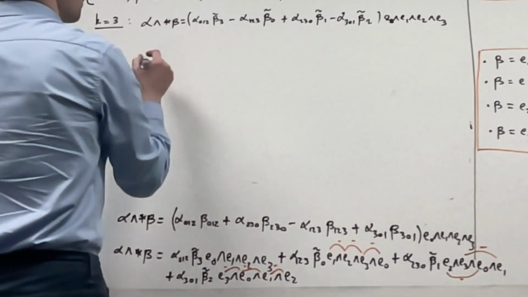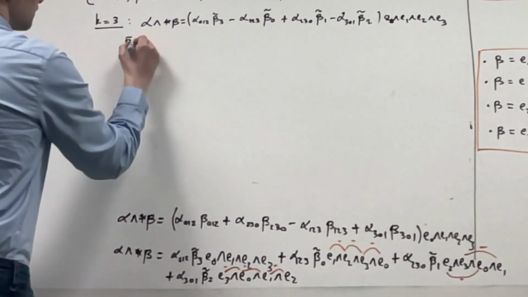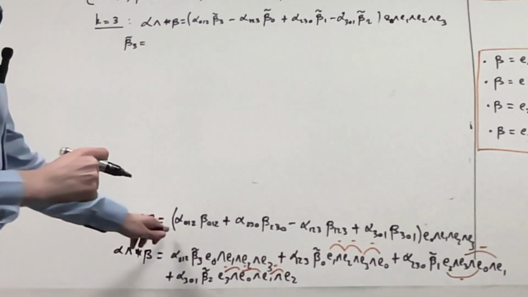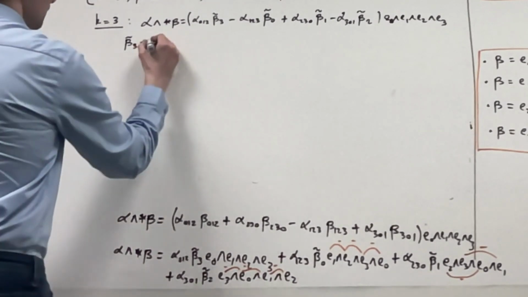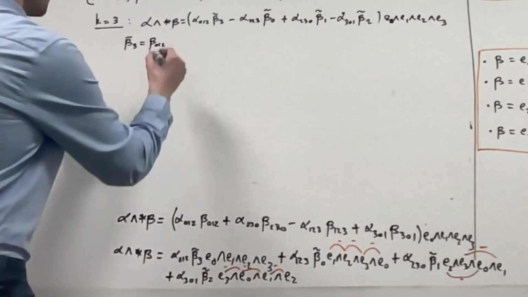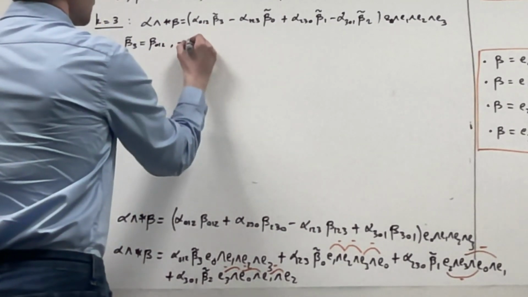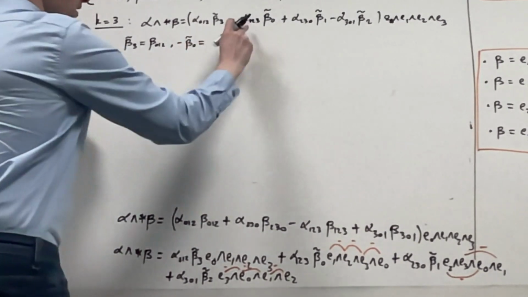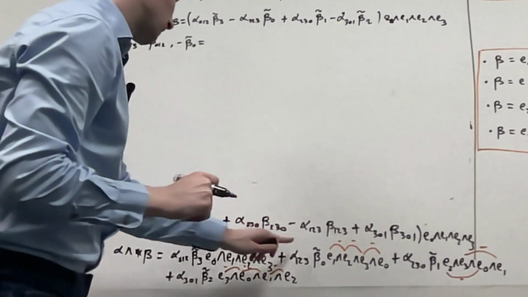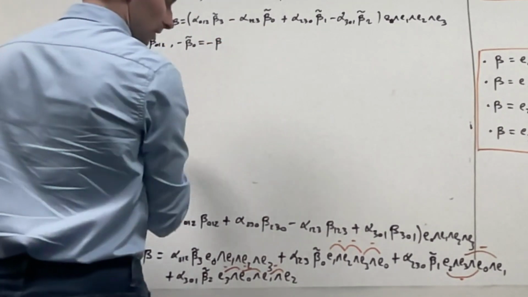And so in front of alpha 0, 1, 2, I've got that beta tilde 3 has to be equal, therefore, to beta 0, 1, 2. Okay, so that's what I get. Then here I've got that minus beta tilde 0. That's what is in front of alpha 1, 2, 3. So alpha 1, 2, 3 here is minus beta 1, 2, 3.